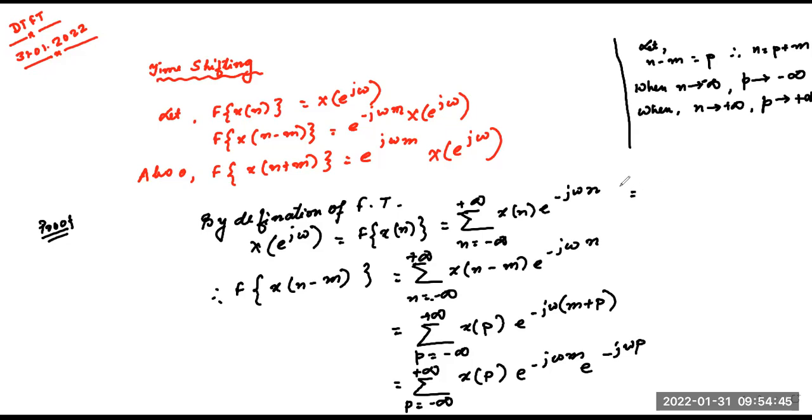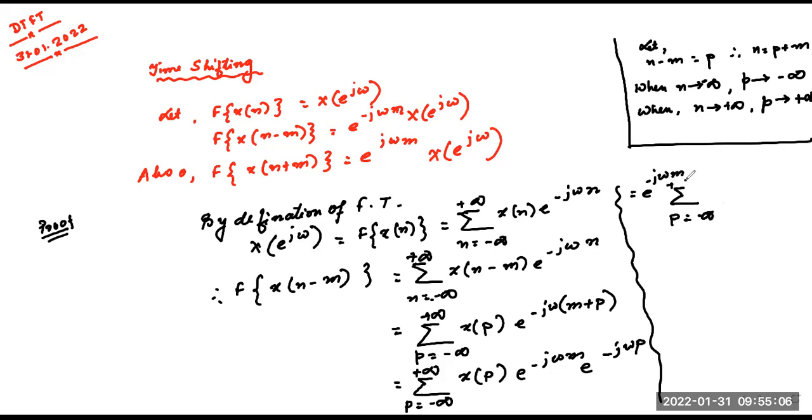So it can be written as e to the power minus j omega m into the summation of p equals minus infinity to plus infinity. Now tell me why I take this out. Because everything is in p, but this is in m. So I can treat it as a constant and take it out of the summation. So x of p into e to the power minus j omega p.